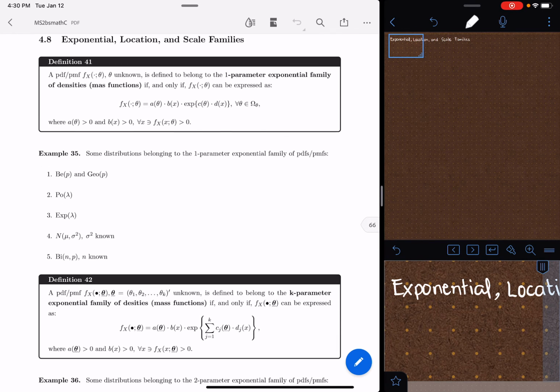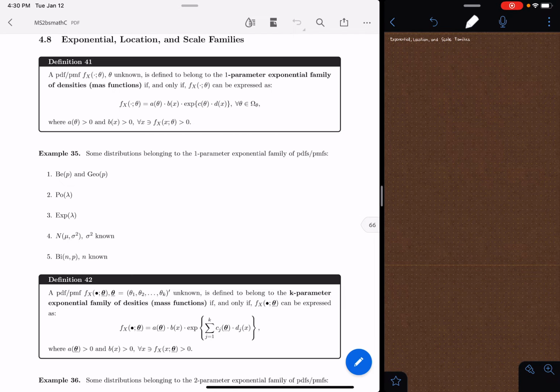So we start first with the definition of the one parameter exponential family of densities or mass functions as given in Definition 41. So a PDF or PMF, which is denoted by small f sub x, which is a function of the parameter theta, which is unknown, is defined to belong to the one parameter exponential family of densities.